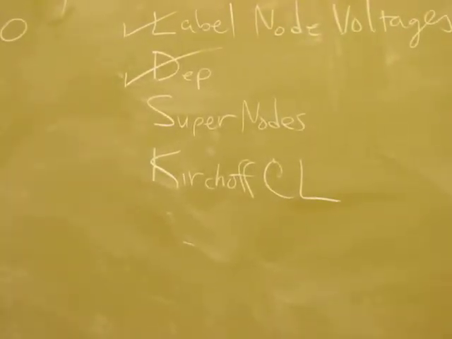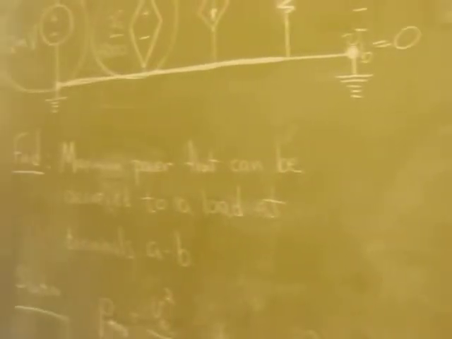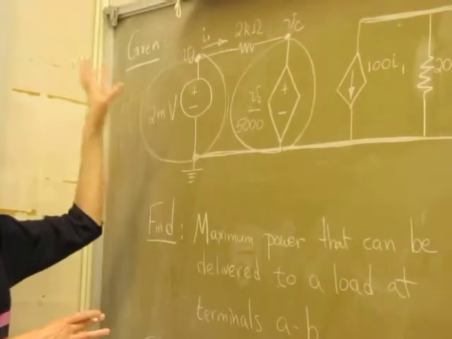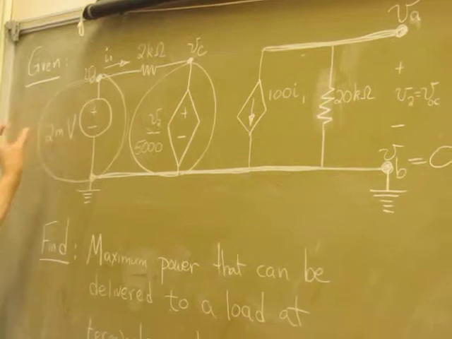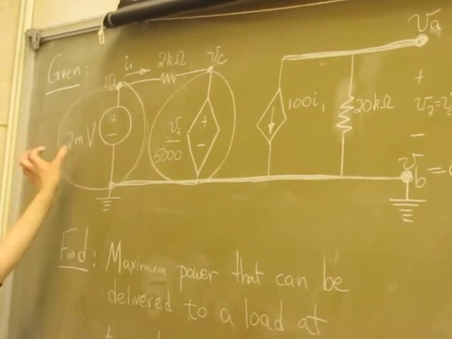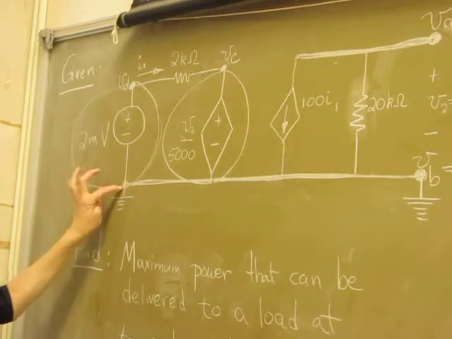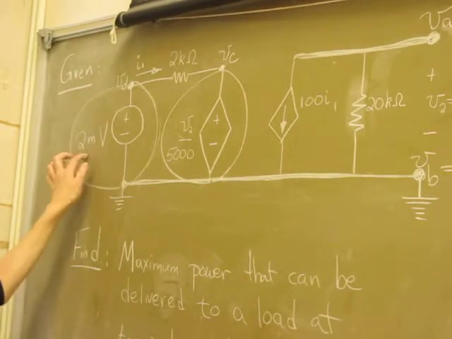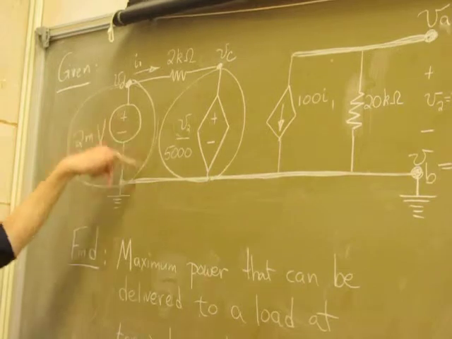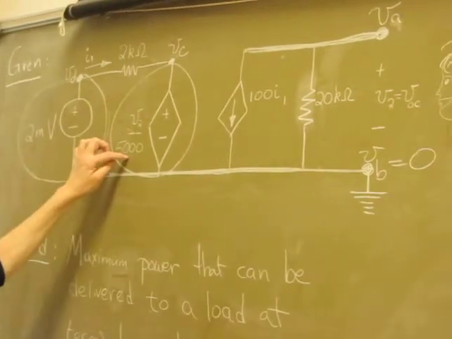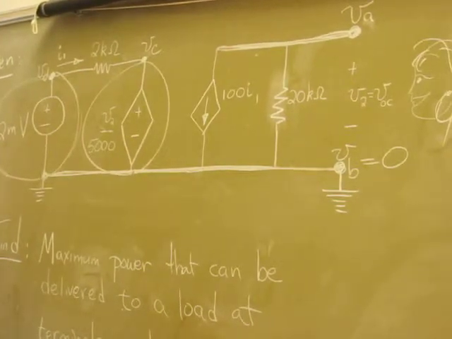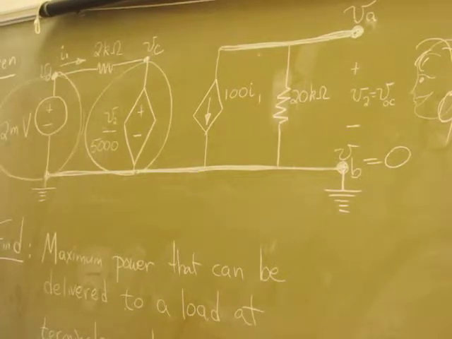You identify the supernodes, and then for each supernode, you write the equation that gives the voltage of the source in terms of the voltages on either side. That's where I got 2 mV is equal to VD, and V2 over 5,000 is equal to VC minus 0. All right, so that's that step.